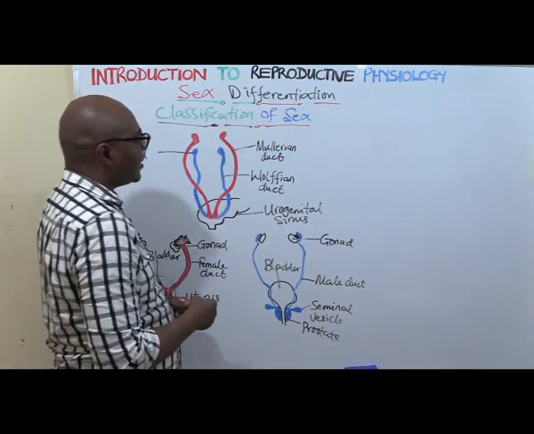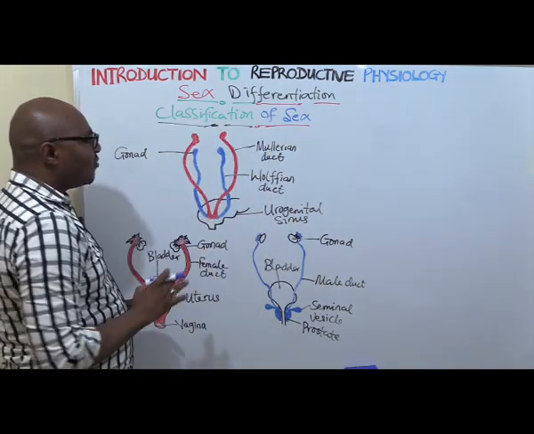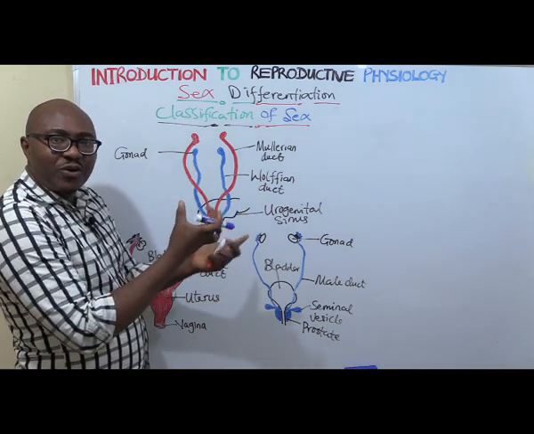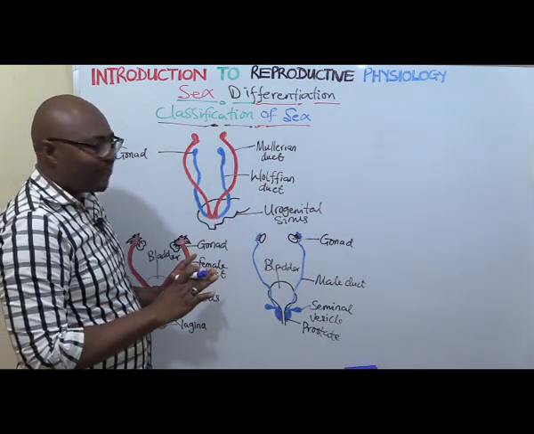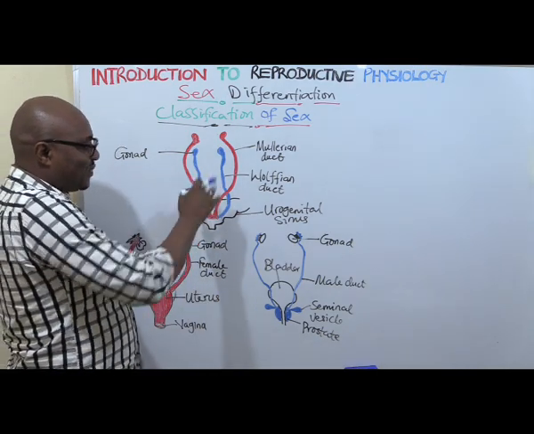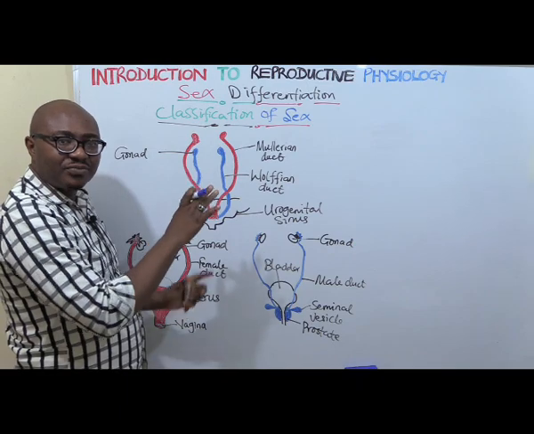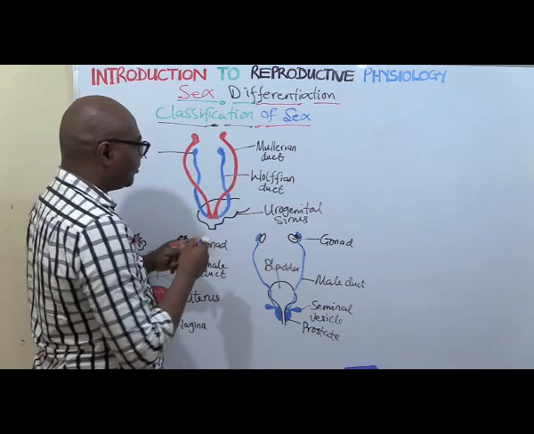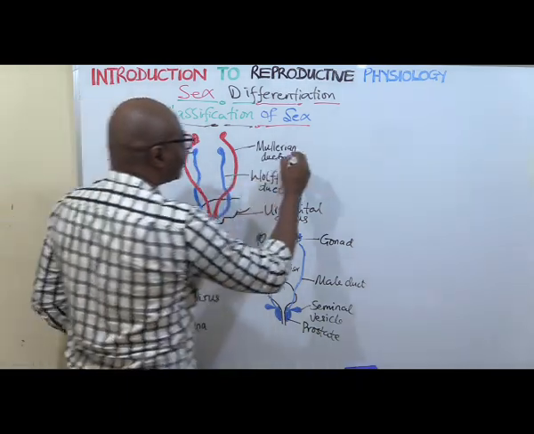Now let's go into it. Before the 5th week of intrauterine life, this is what happens. There is a place known as the urogenital ridge, also known as the gonadal ridge.